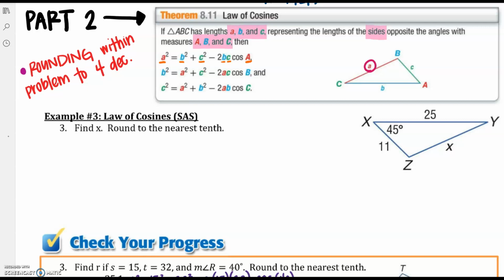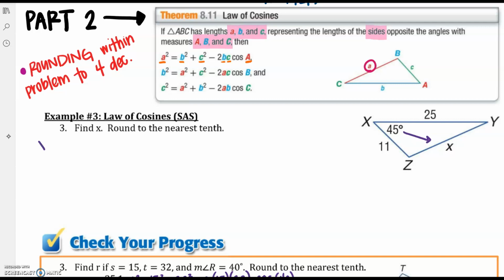So we're going to find x, and we're going to round to the nearest tenth. If you notice, we have more sides than we do angles right now. So that is how you can think about, I probably need to use law of cosines. So angle and side need to go on the front end and the back end.